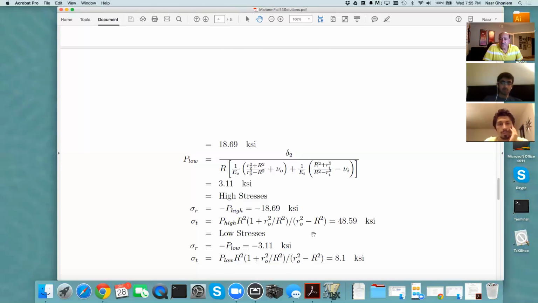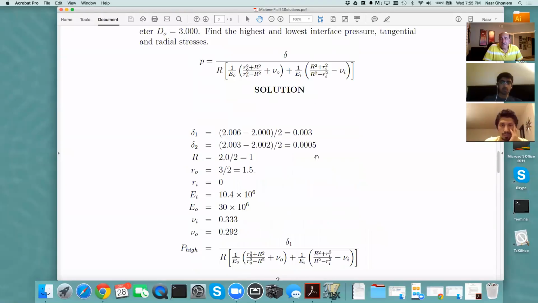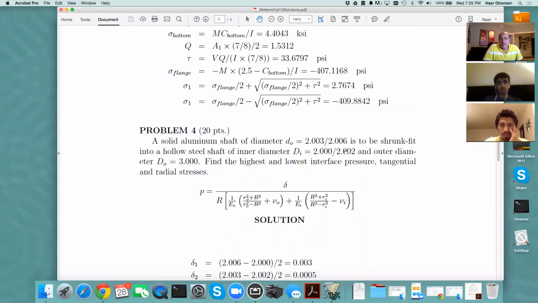You have it in the notes, and therefore you can get the largest tangential stress and similarly for the lowest value. So the trick for this problem is just right here, that you have to translate the interference to find the worst case and the best case, and then correspondingly you find the stresses.